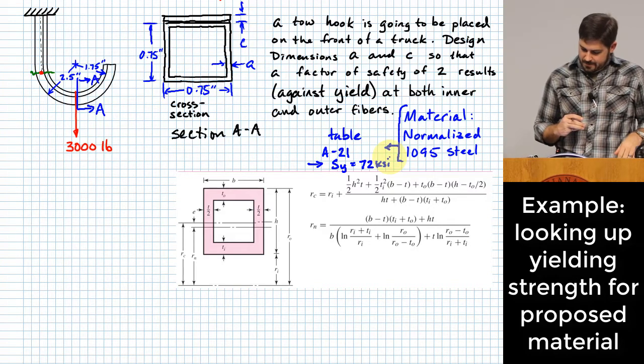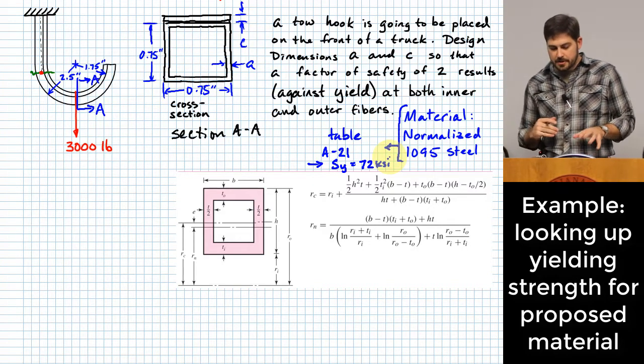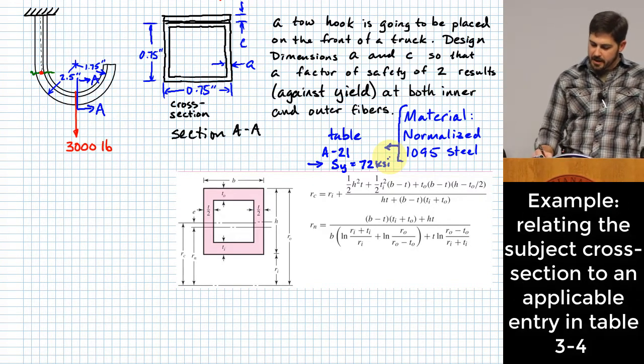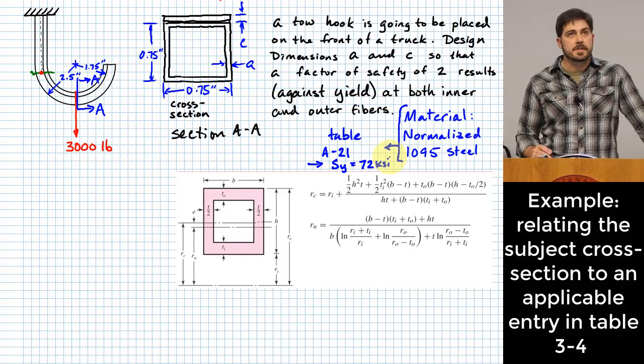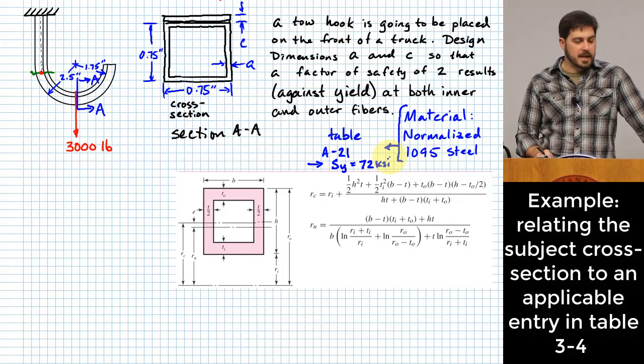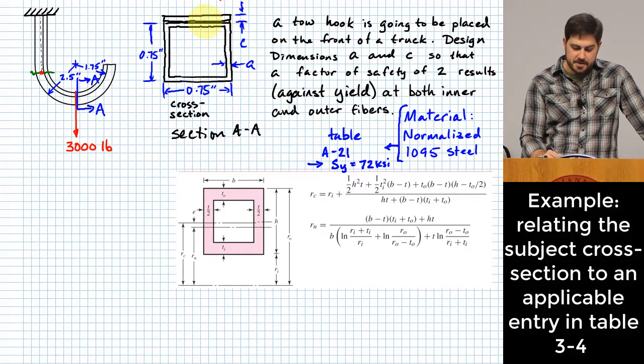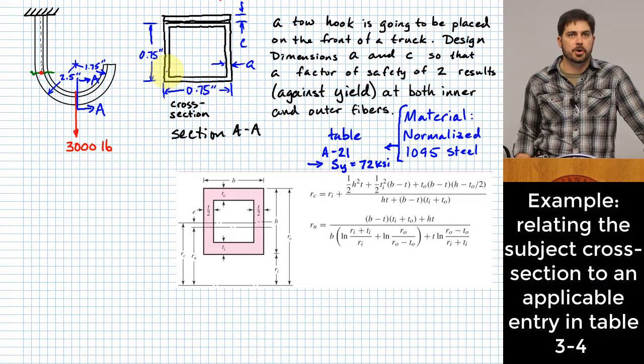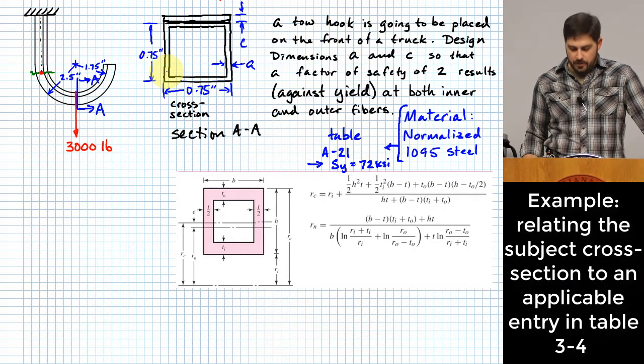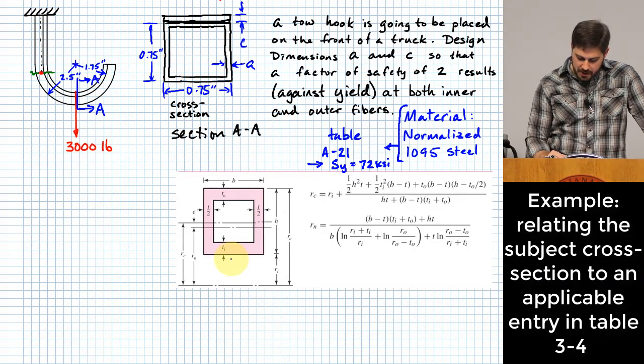All right. And what I've shown you here in terms of this picture right down below the problem, this is an entry out of table 3.4. So this is a cross section right here that we can use to model what I have proposed as the cross section of this tow hook. Okay? And how I know this is that they actually give us two different T values.